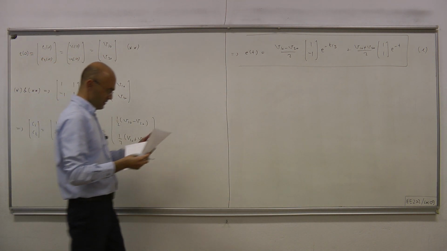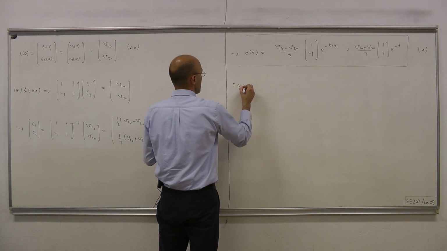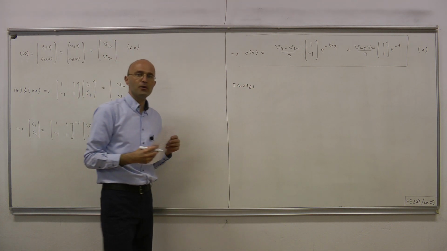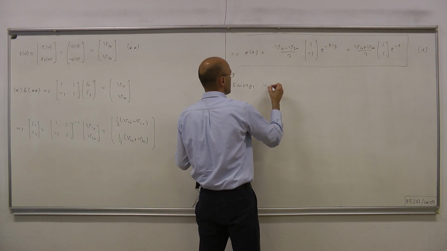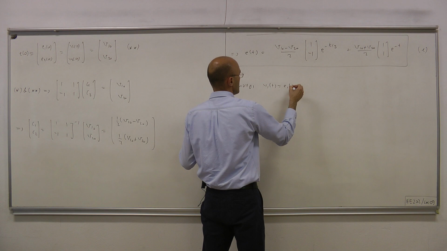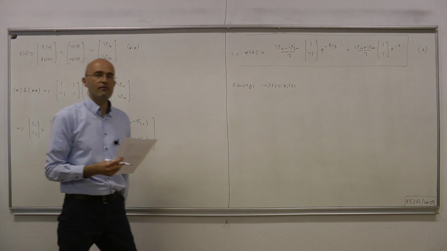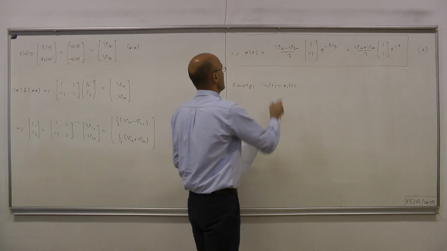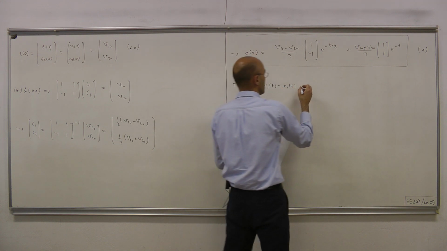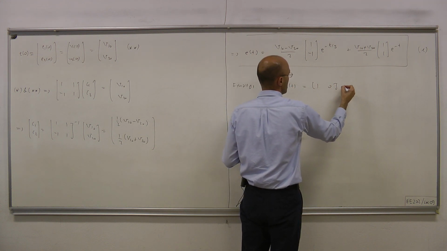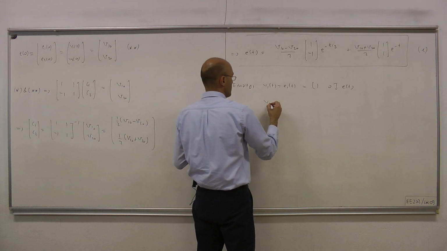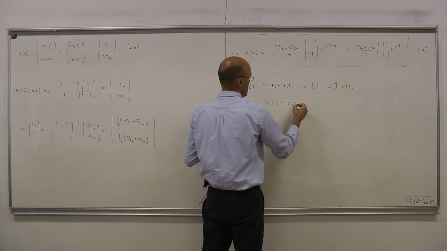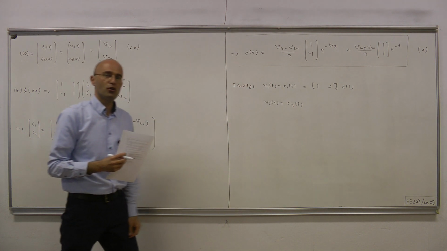Okay. And finally, let's write down all the capacitor voltages. V1 of t is E1 of t, which is the first entry of E of t. In other words, [1 0] times E of t. V2 of t is the second entry of the node voltage vector.